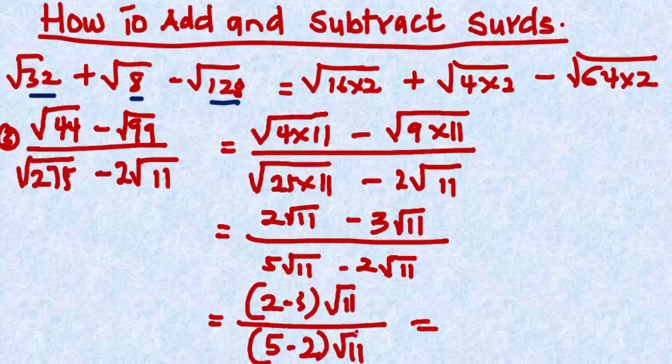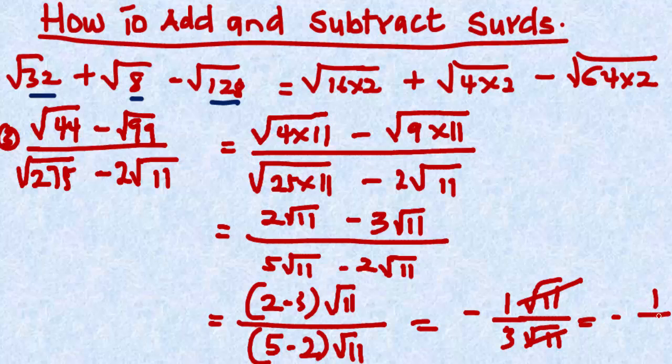So here we go. 2 minus 3 will give us negative 1 all over 5 minus 2 will give us 3, then root 11. But I realize that root 11 we can cancel out, so we are left with negative 1 over 3. Okay, so it's pretty cool.